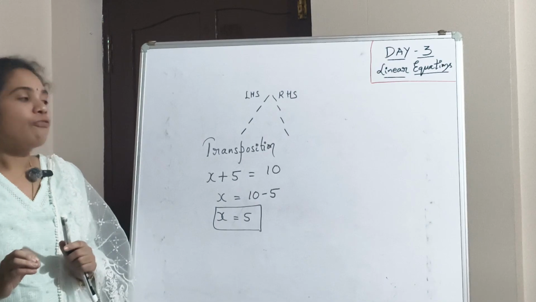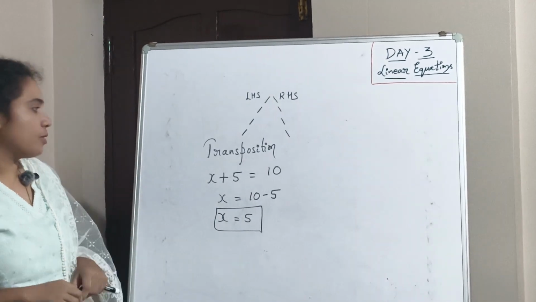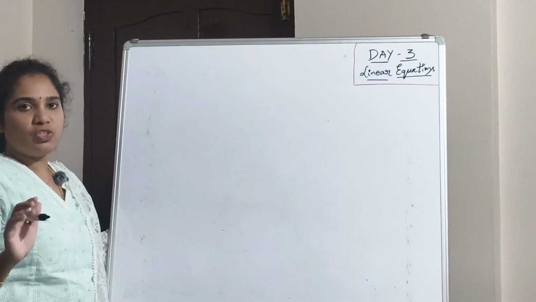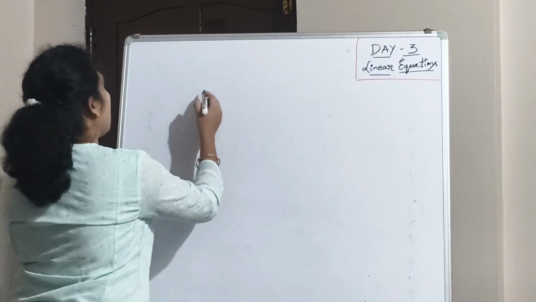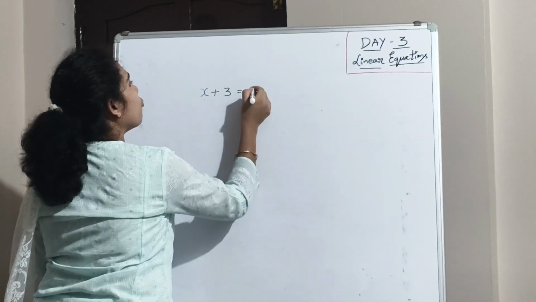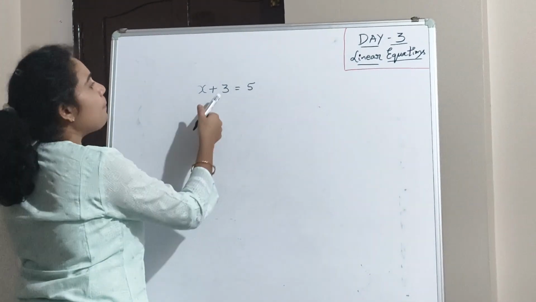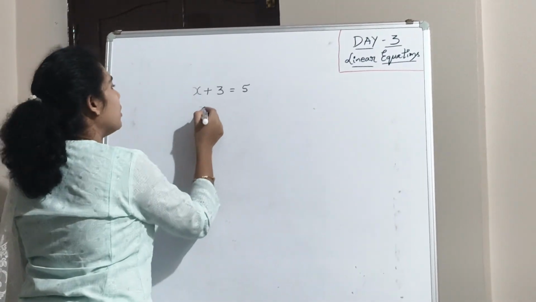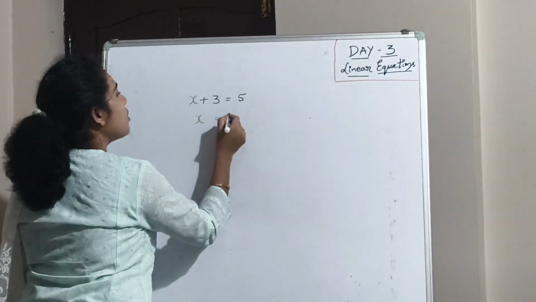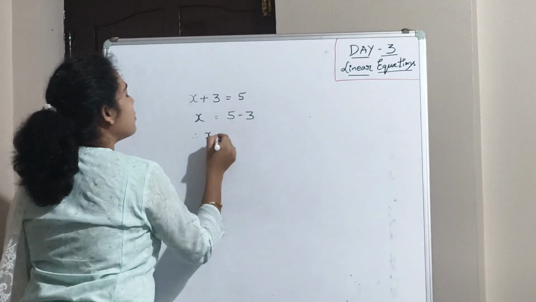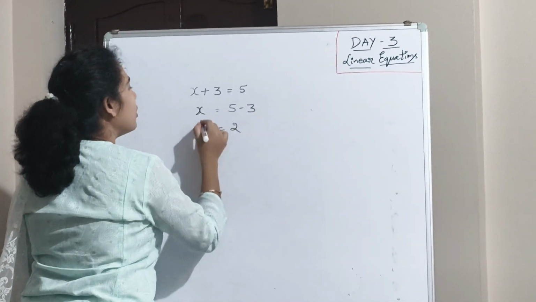Now we'll work through this using some examples. Explaining transposition with examples. x plus 3 equal to 5. I am moving this 3 to the right hand side. Then this plus 3 becomes minus 3. So x is equal to how much? 5 minus 3 is 2.